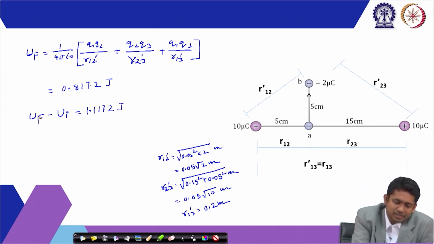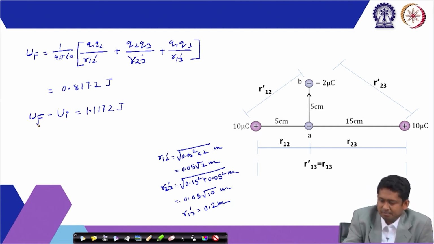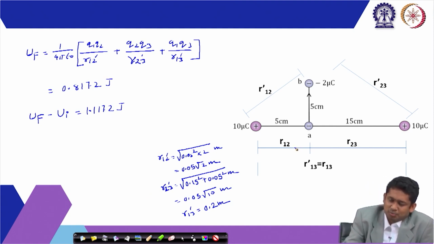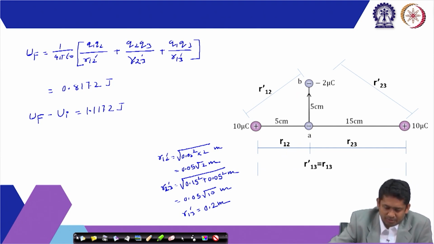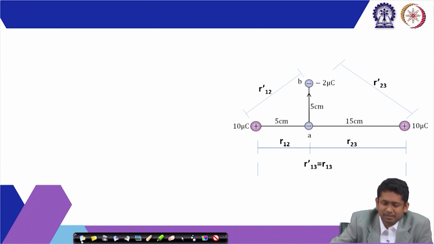So, UF minus UI is a positive quantity, which means to move this charge from here to here, we need to do some work. So, this concludes the second problem.